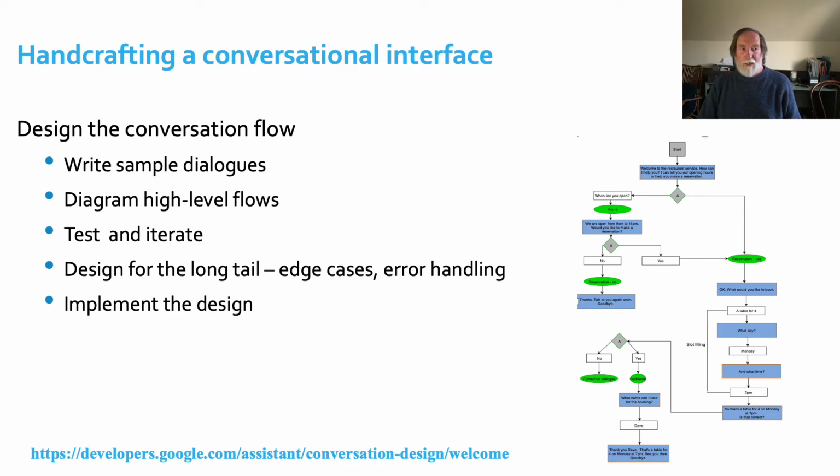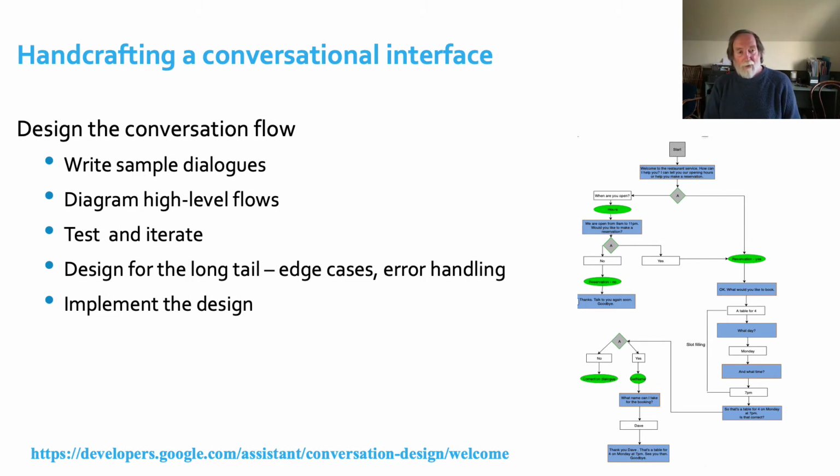Looking first then at handcrafting a conversational interface and at the aspect of designing the conversation flow, the recommended steps are to first of all write some sample dialogues, and then from those to diagram high-level flows as shown in the example here on the right hand side, and then to test and iterate over these designs.